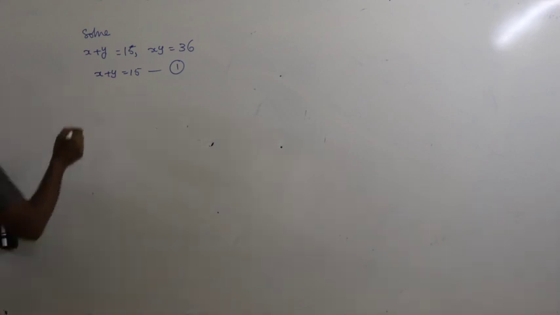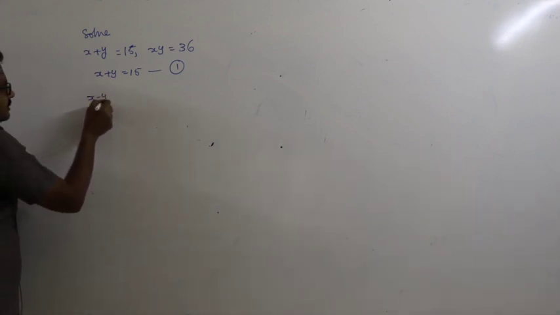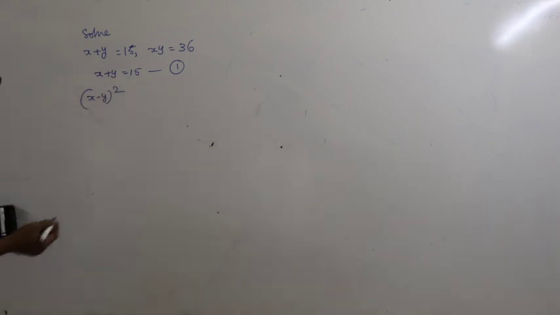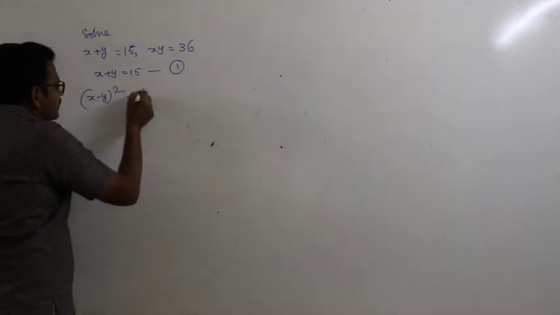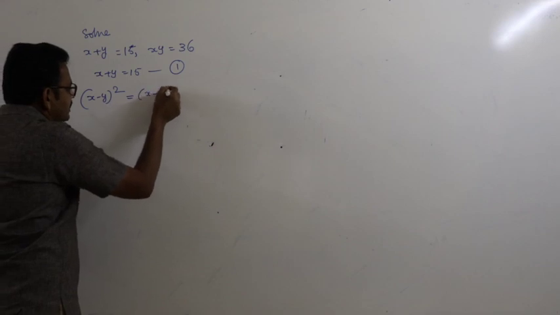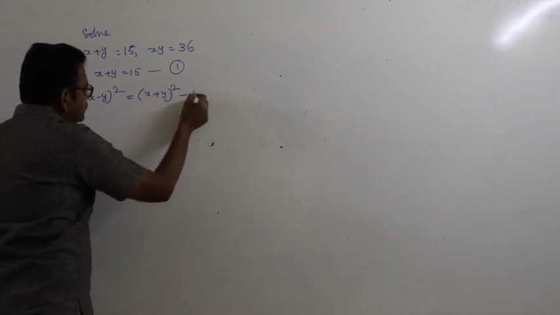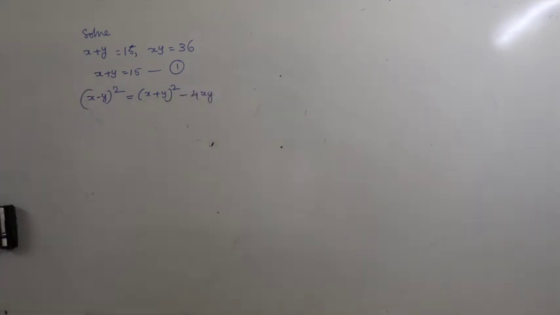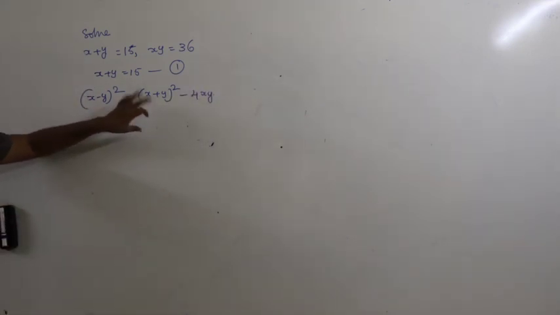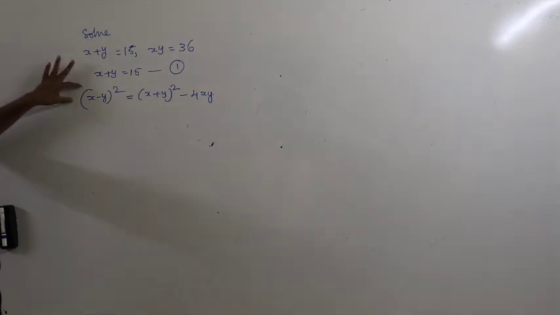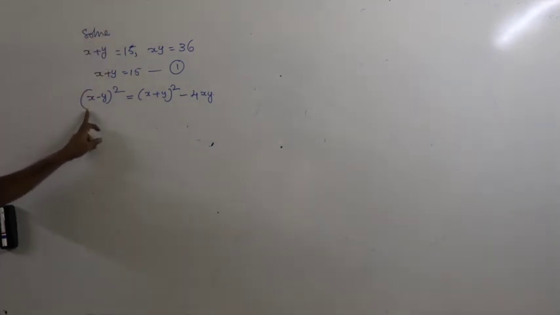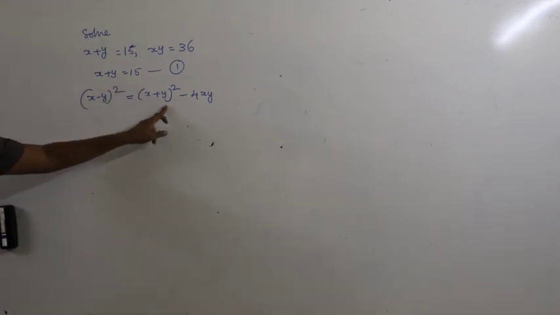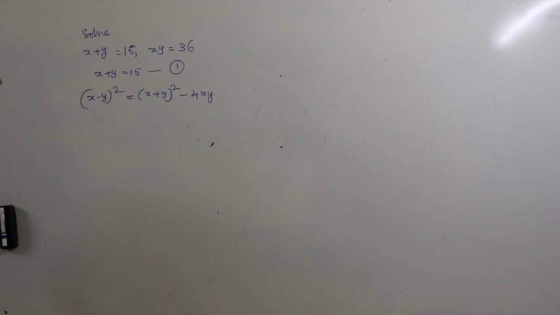Second, by considering x minus y whole square. x minus y whole square is equal to x plus y whole square minus 4xy. From algebraic identities, we already discussed this formula: a minus b whole square equal to a plus b whole square minus 4ab.